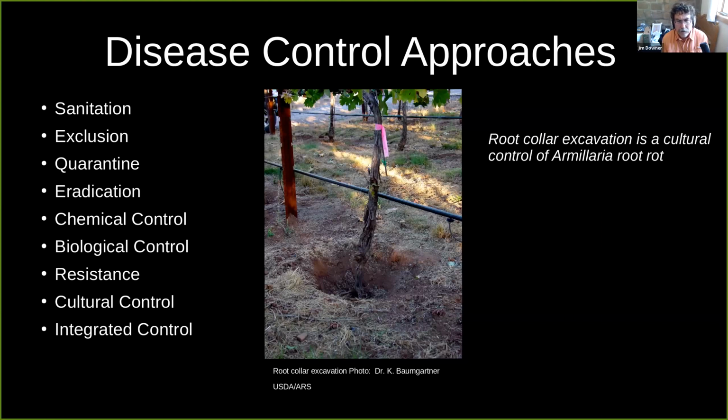Of course, chemical control is the one most people would probably think of, you know, where can I get a fungicide to control that disease? But chemical control is often not eradicative. It's often preventative, or it prevents spore formation, or it prevents penetration into the plant.